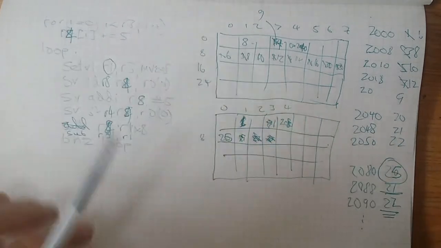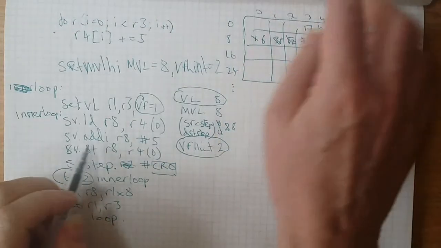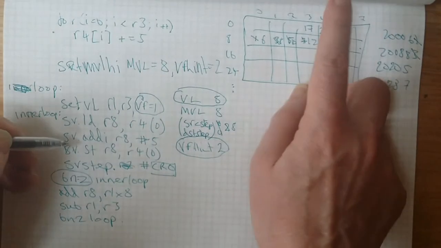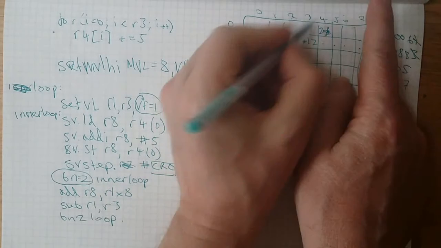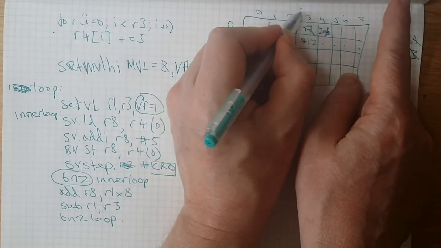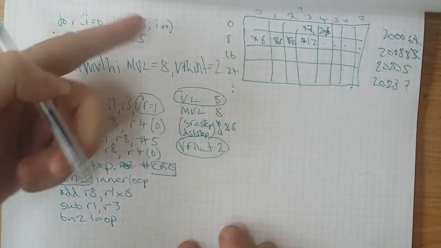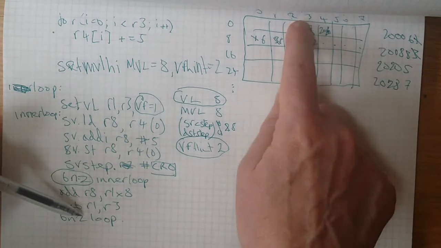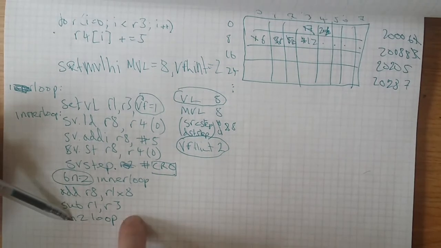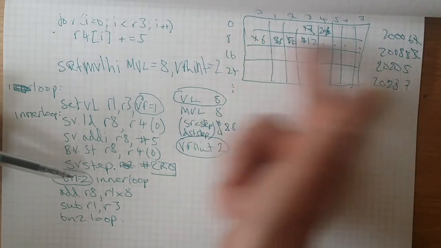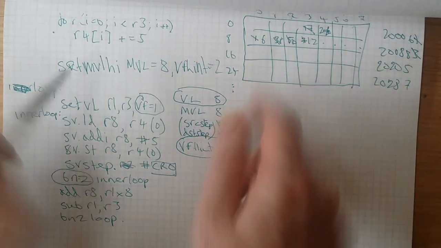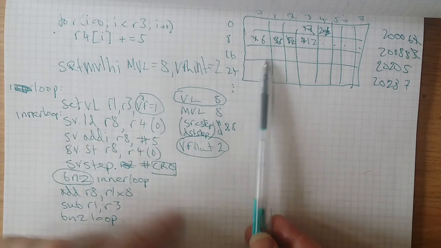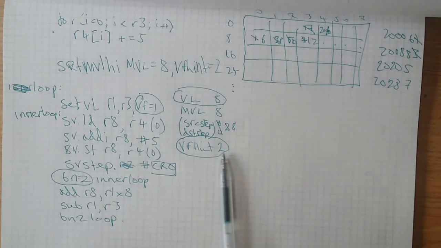At that point, the pointer R4 is moved on to a value of 2040, and sub R1, R3 gets replaced with the value 9. Then it goes back round again, because that has not reached 0. You repeat the process, but the point is that it's doing these 2 at a time, because VF hint is set to 2.